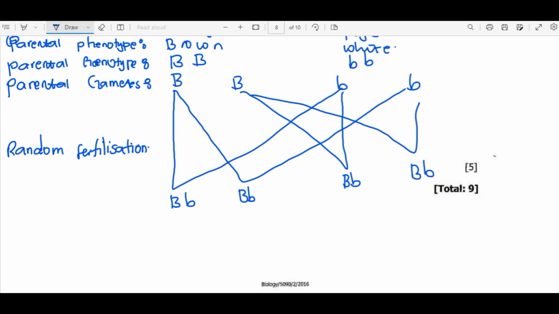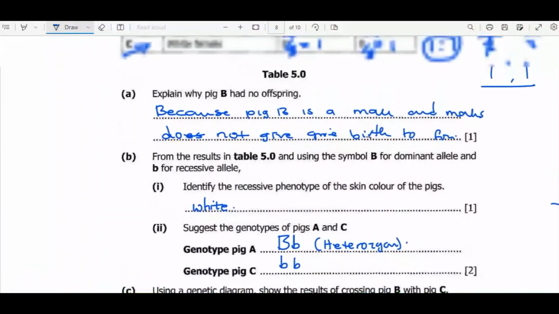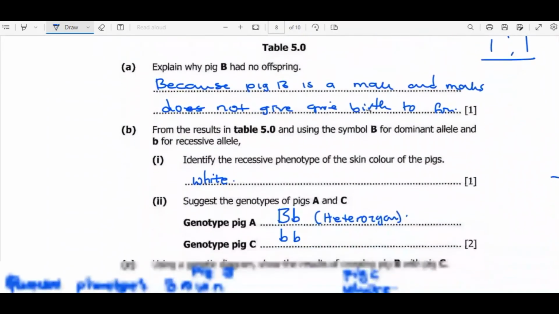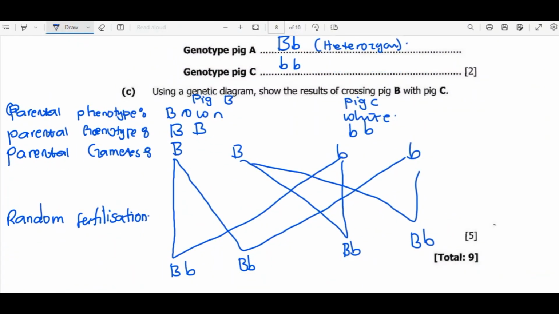So the reason why this is homozygous, because when pig B, what am I doing? Oh, why have I made this mistake? It's B and C. I made a mistake, another mistake.